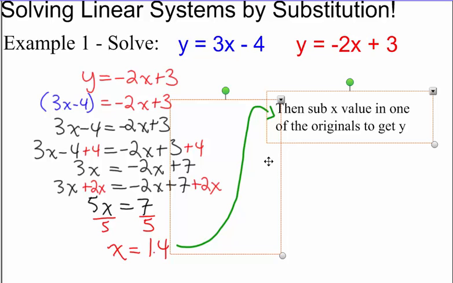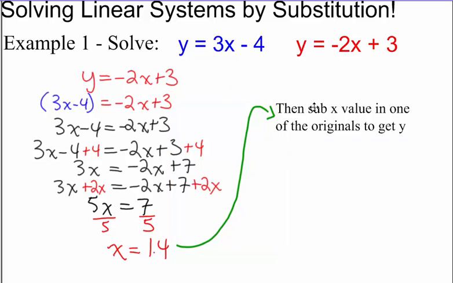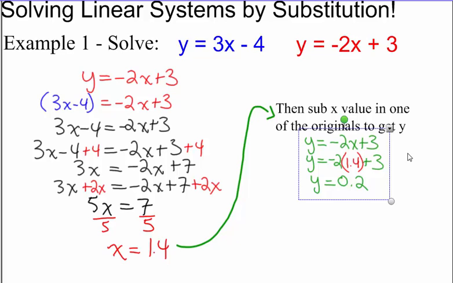Once I know that value, then I'm looking to substitute that value into one of my original equations to get the value for y. And so I chose this one, just because I happen to choose this one. And when I put the 1.4 in for x, I find negative 2.8 plus 3, which is 0.2.